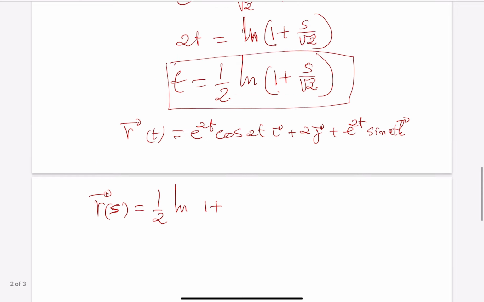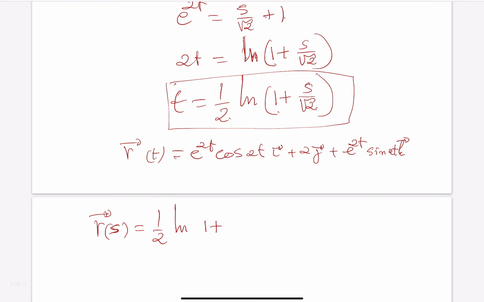Now s, e. So you have to take the e to the 2, now replaced by 1/2 ln 1 plus s over square root of 2.